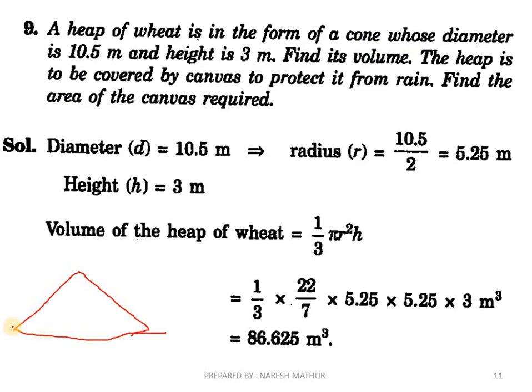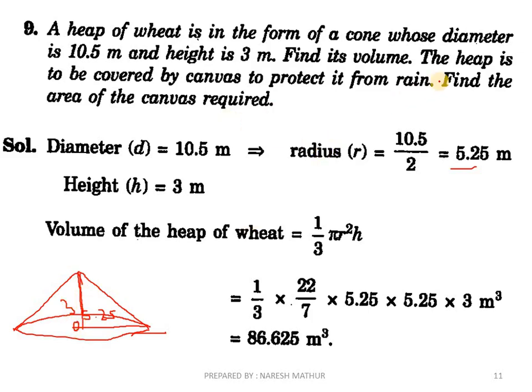It means its radius is 10.5 by 2, which is 5.25 meter. So this one is the radius as 5.25, and the height is given as 3 meter.